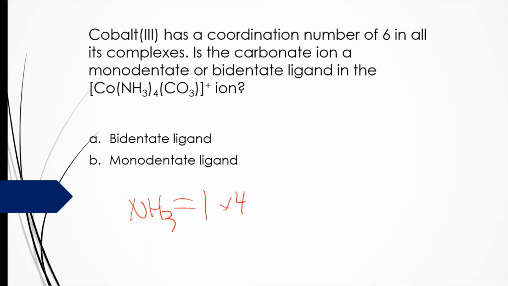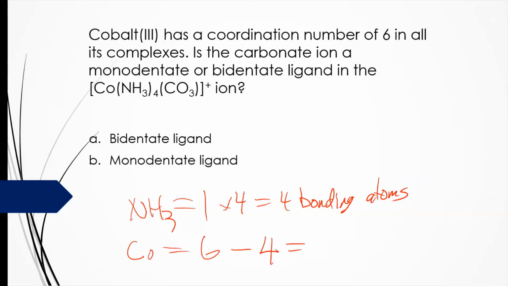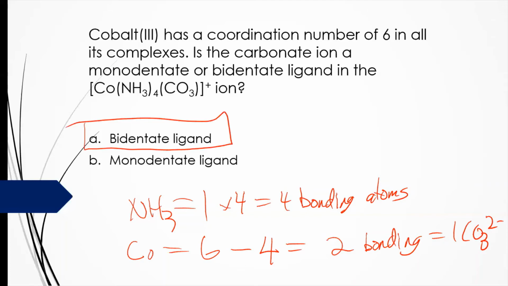We have 4 of them, so this takes up 4 bonding sites. Our cobalt should be a total of 6, so we take away the 4 from the NH3, and that gives us 2 bonding sites for our carbonate. And when we look at it, we have 1 carbonate. So that should tell us that it is a bidentate ligand.